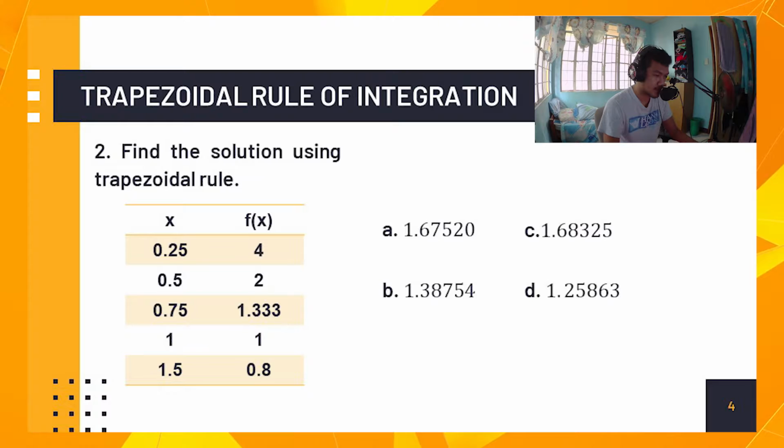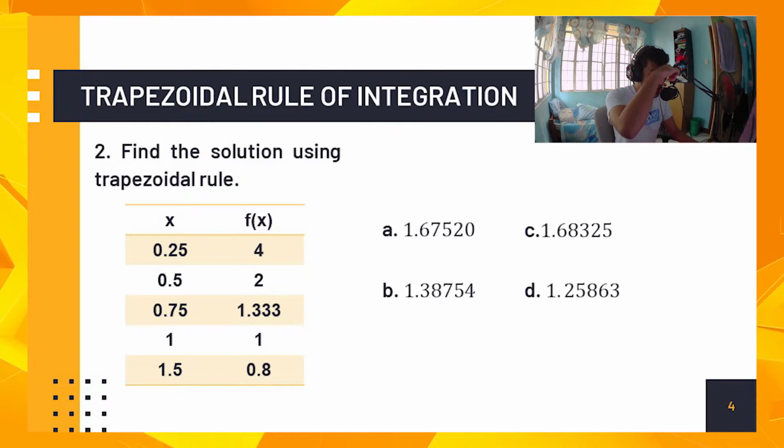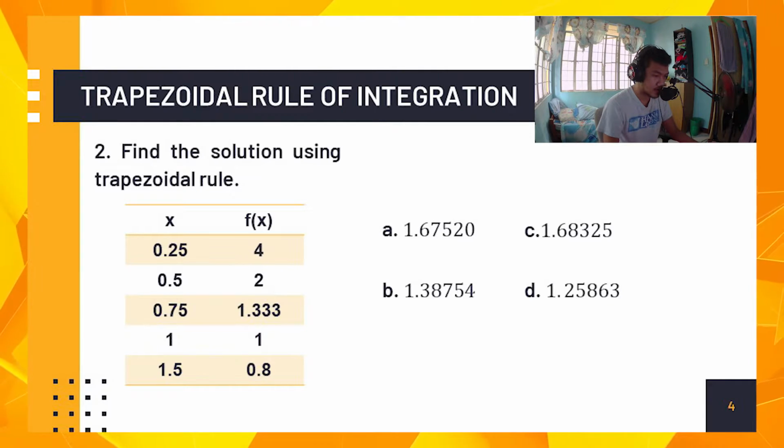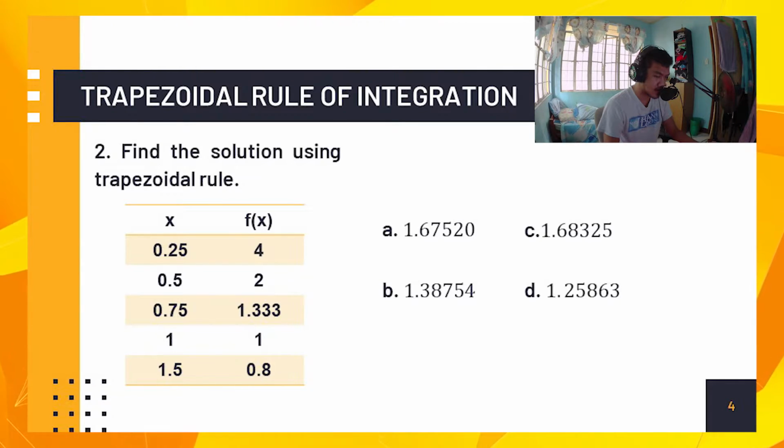We have 4 choices here. For A, we have 1.67520. For B, we have 1.38754. For C, we have 1.68325. For D, we have 1.25863.